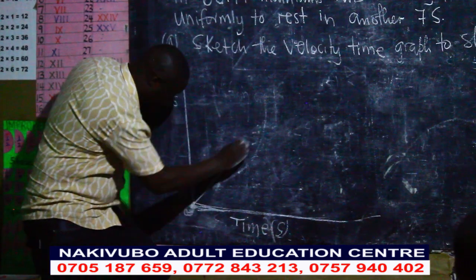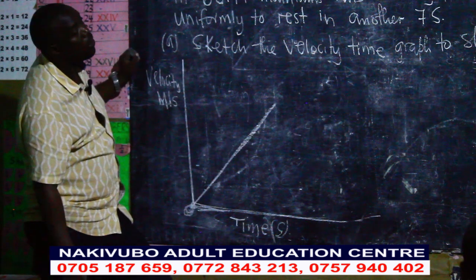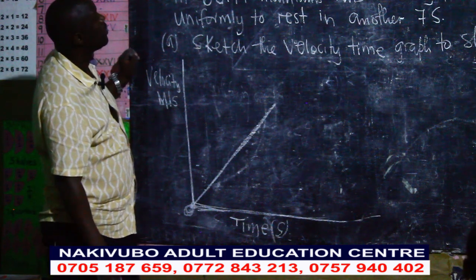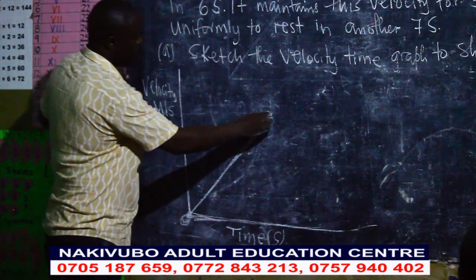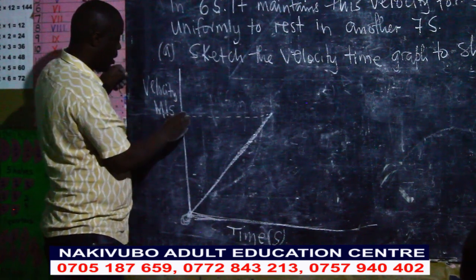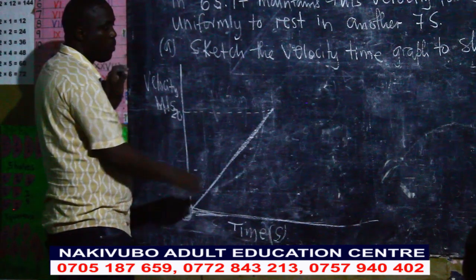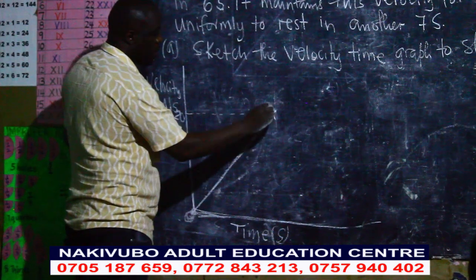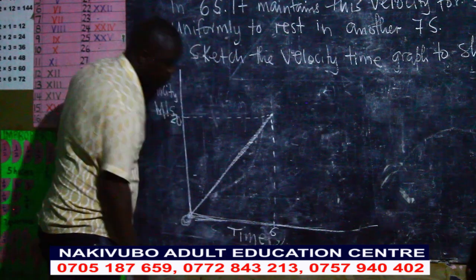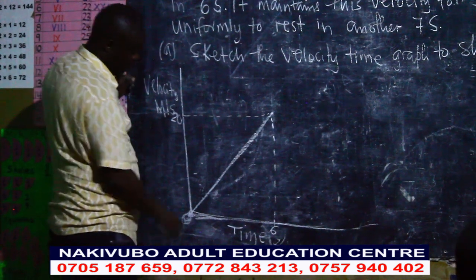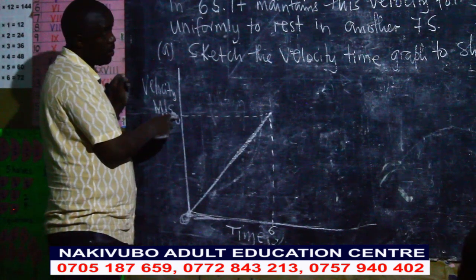So it will accelerate uniformly like this, up to the velocity here, which is 20 meters per second. In how much time? So you put 6 here. Are we together? So in 6 seconds, it had attained 20 meters per second.